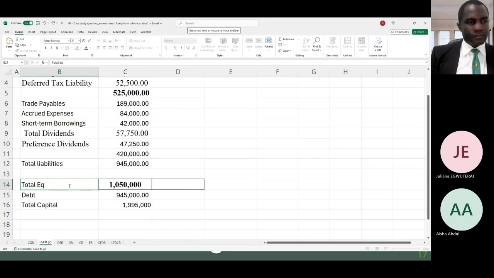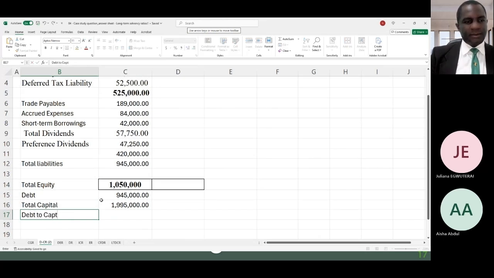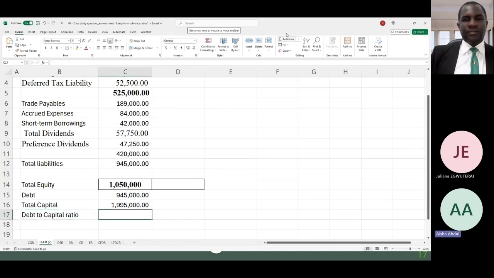Equity. Good. So it's fine now. So now we'll do the debt to capital ratio. And that will be 945 divided by 1995. Exactly. So we have it as 47%.